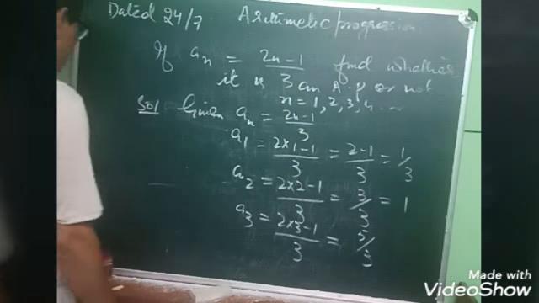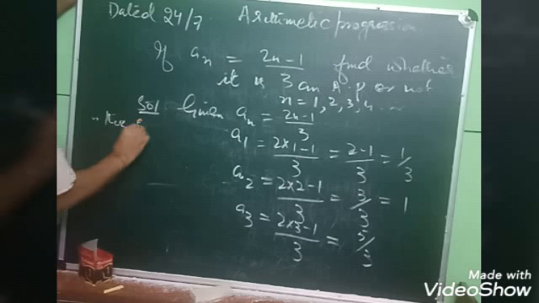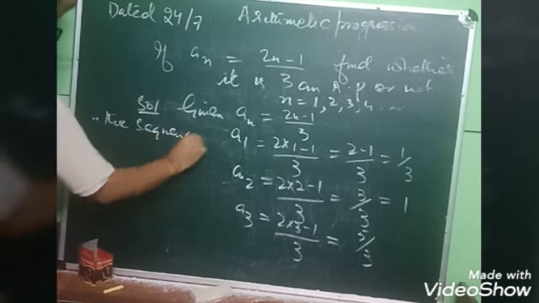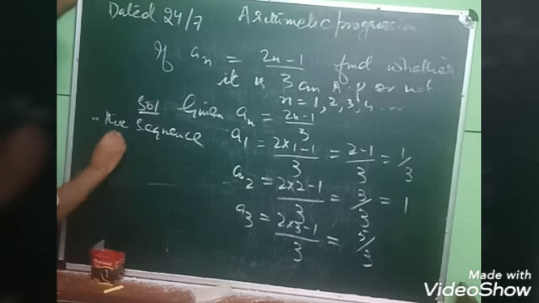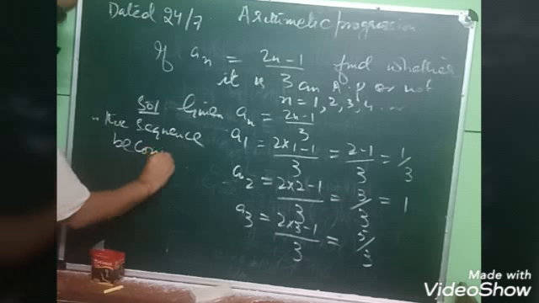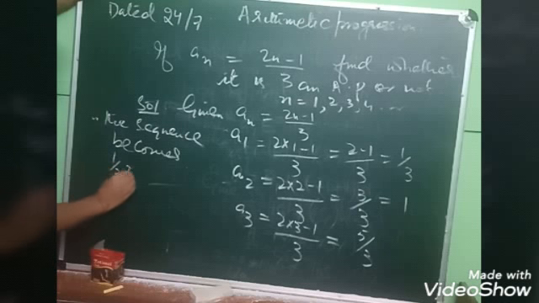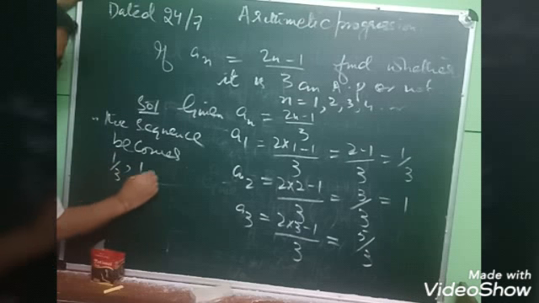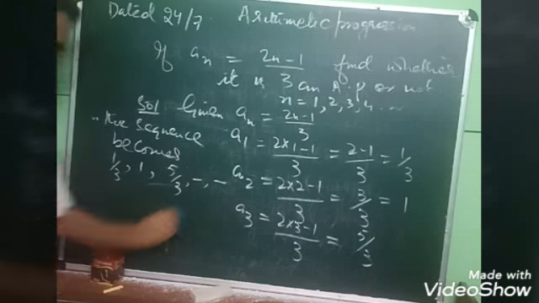Therefore the sequence becomes 1 by 3 comma 1 comma 5 upon 3 and so on.